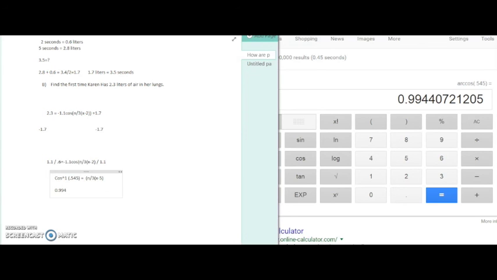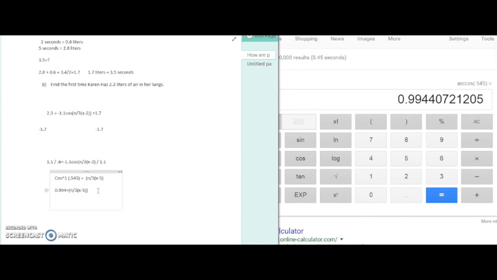So 0.994 equals pi divided by 3 times (x minus 2), and then you put pi divided by 3 to the other side. You do keep, change, flip, I think, if I'm not mistaken.